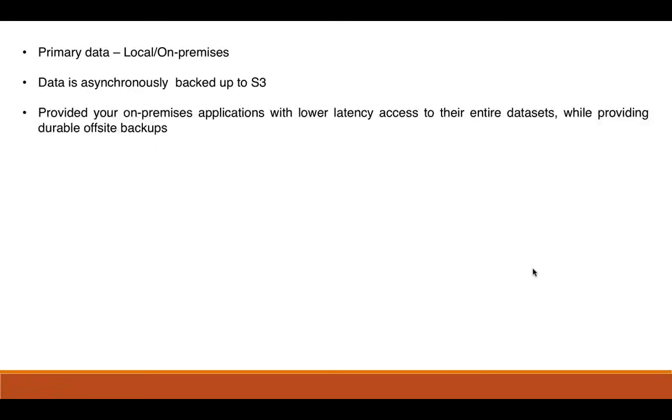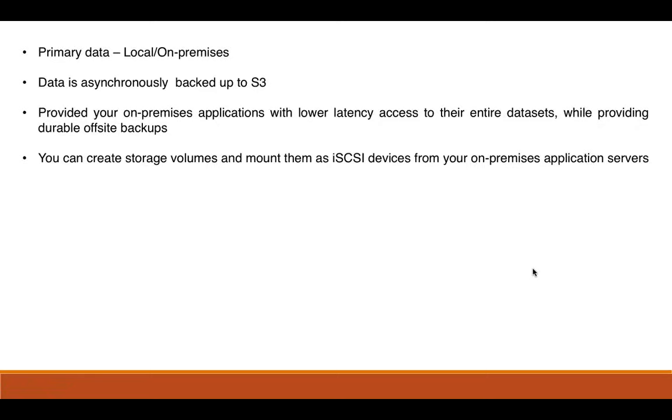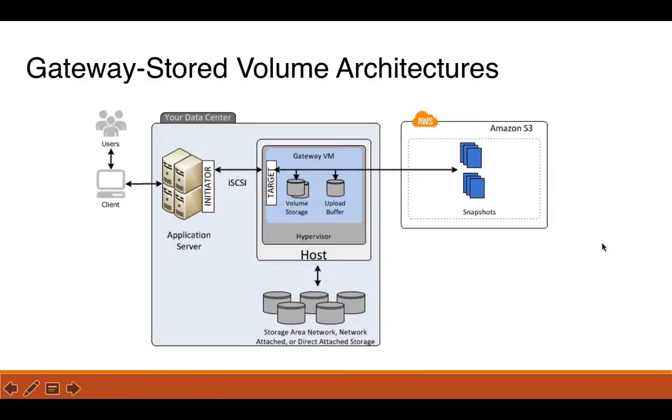Since you are retaining the entire data on-premises, your application servers have low latency access to the entire data. You can create storage volumes and mount them as iSCSI devices from your on-premises application servers. So here, this volume storage will be mounted as an iSCSI device to this application server.